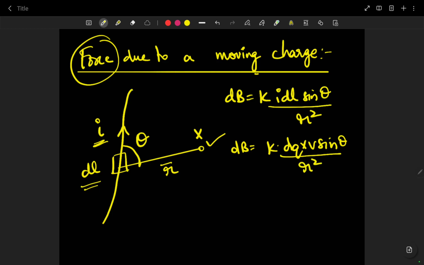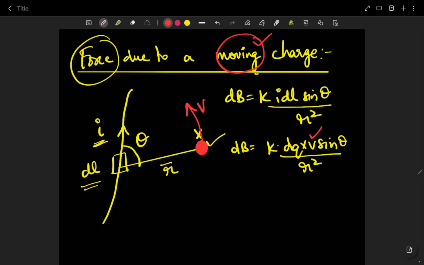So what does this mean? This means that this charge is moving. At x, let's assume there is a charge, which I've highlighted with red, and it is moving with some velocity v.